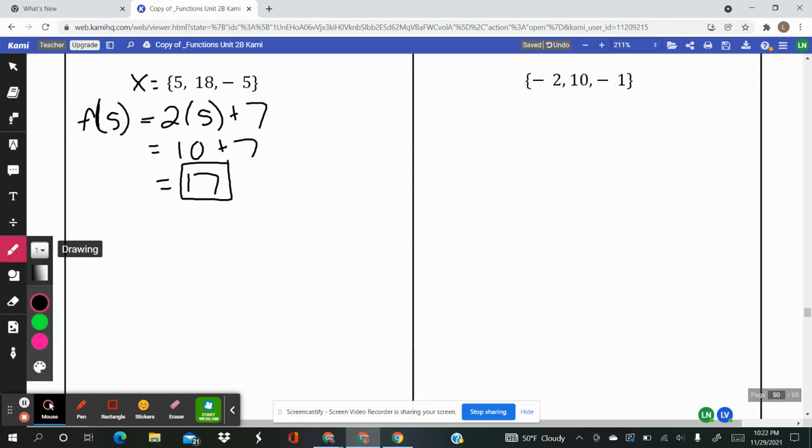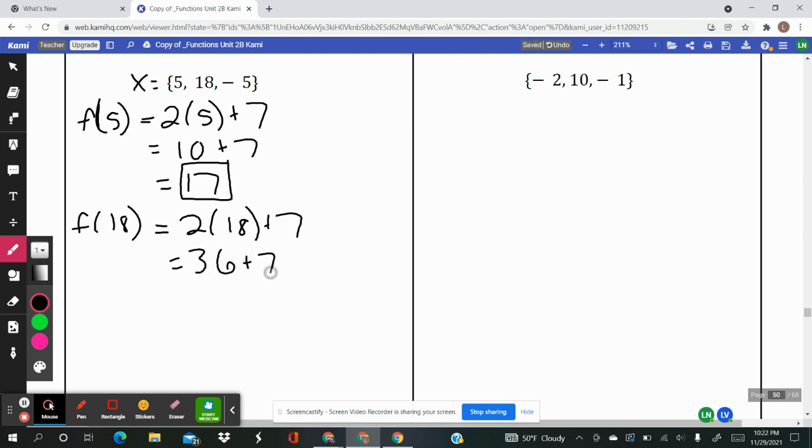Our next value is 18. So I'm going to write f of 18. 2 times 18 plus 7. 2 times 18 is 36. You add 7, that gives you 43. So f of 18 is 43.